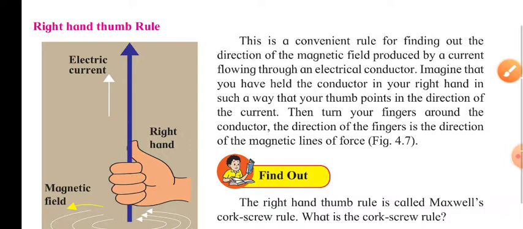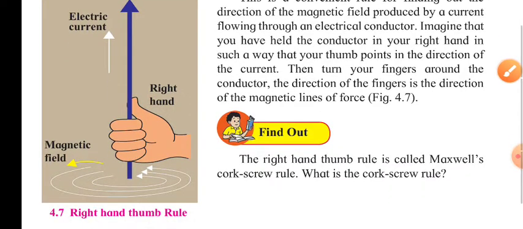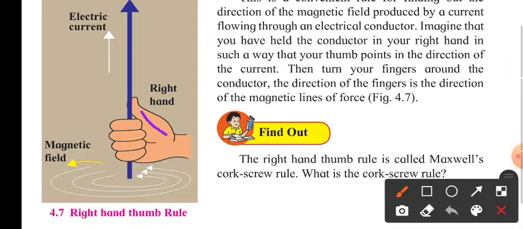So in this picture you can see they have done it that way itself. The thumb is in the direction of the electrical current and the fingers are curled around the conductor.